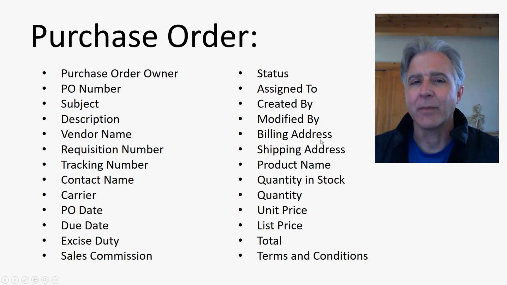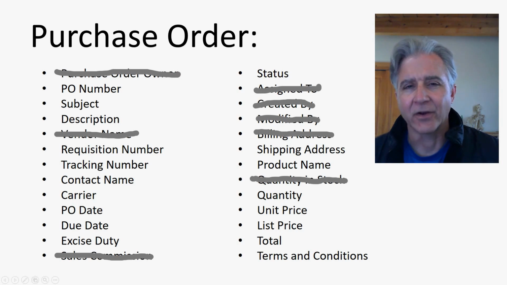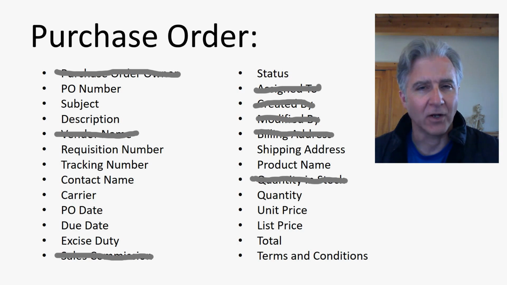So far I'm just talking about data, but what about the rules and the behaviors associated with this data that make it a business object? The first thing to consider when you're looking at something like purchase order data is that not everybody should be able to see all of that data. Based upon the role of the viewer, only certain fields should be available.